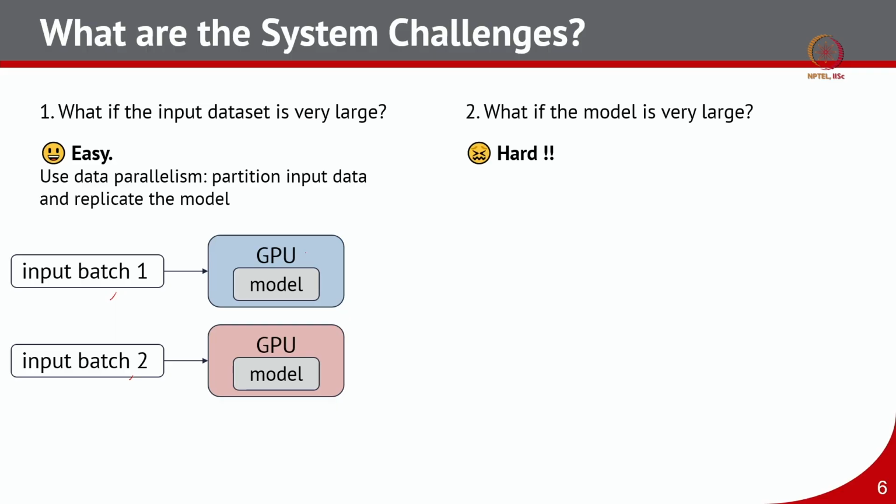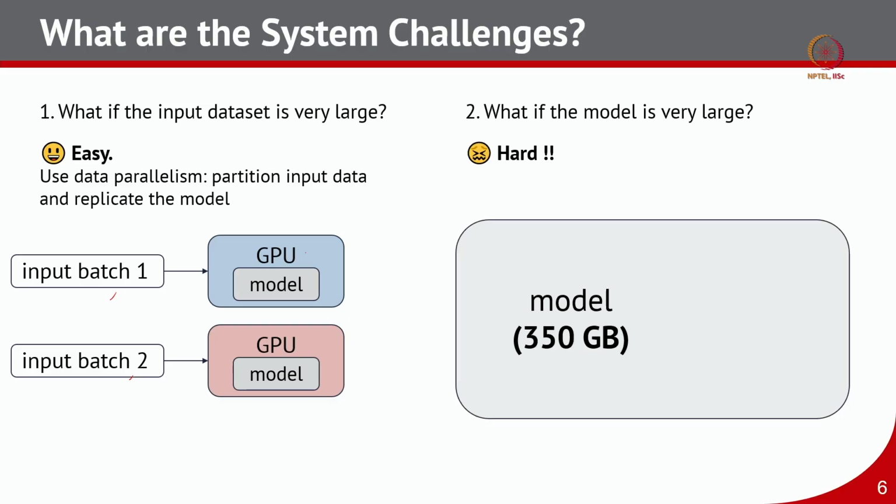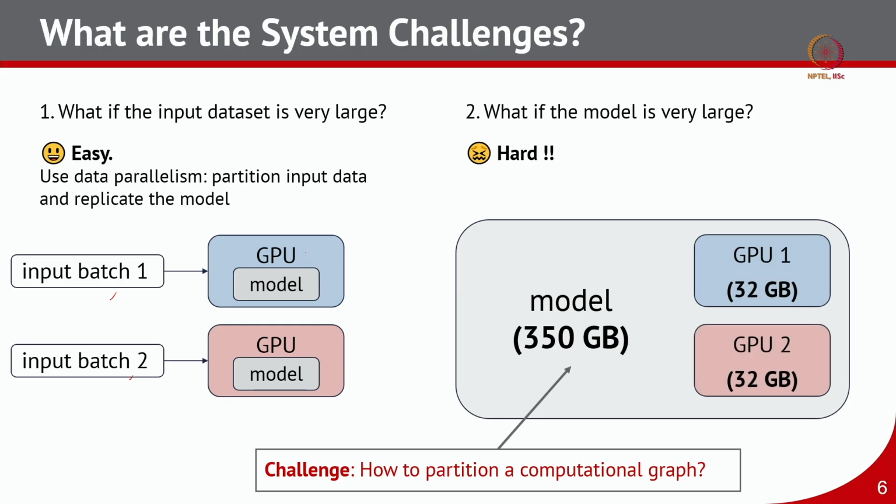Now if the model is very large, it is difficult because we need to break the model itself. If we have a model of size 350 GB and two GPUs of only 32 GB capacity, then the model itself does not fit onto the available resources.